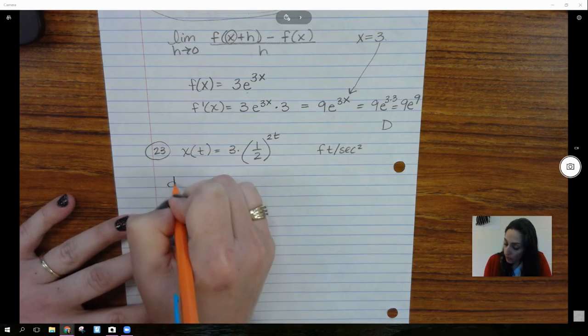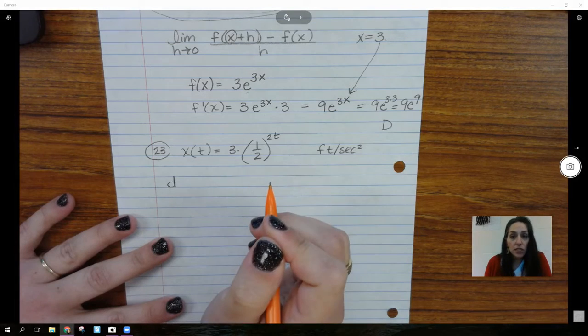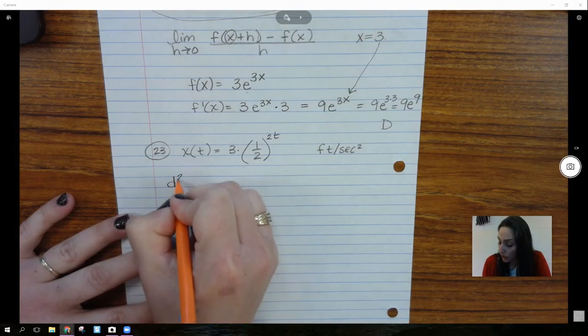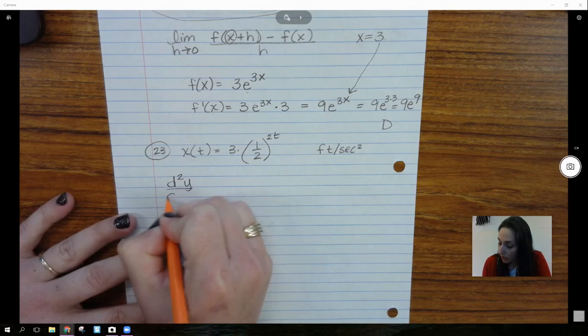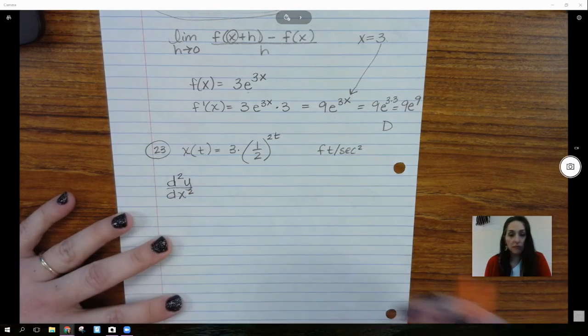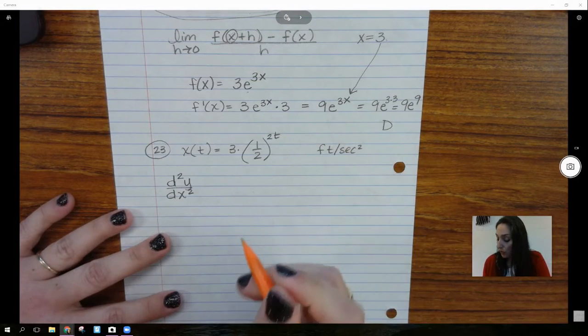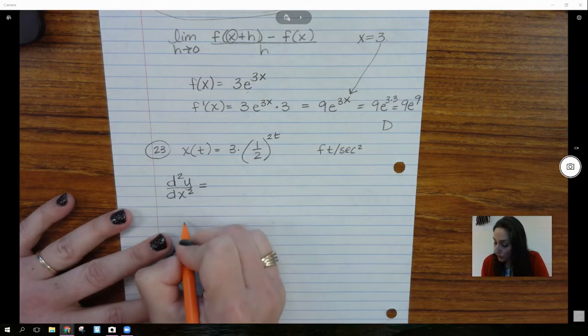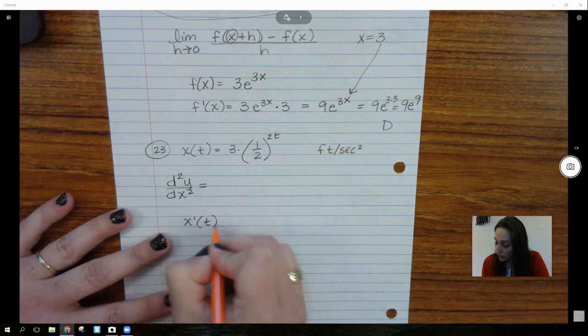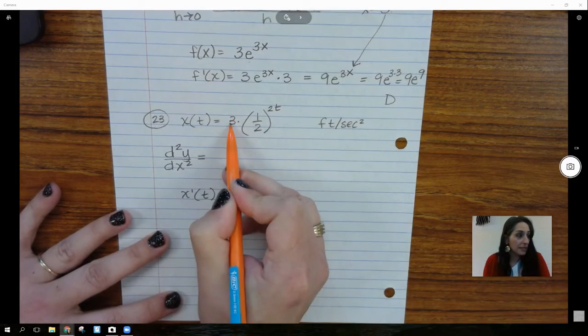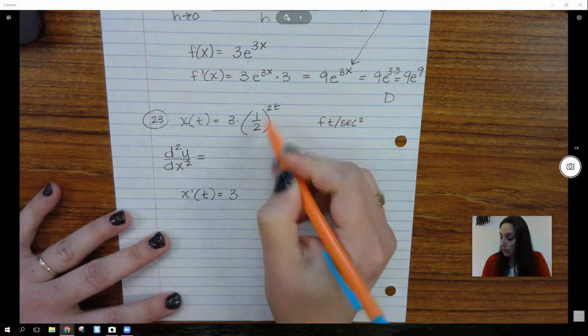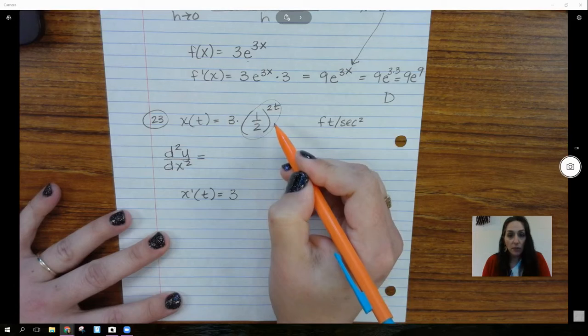So you are looking for acceleration, which is the second derivative. So you're looking for d2y over dx2. So that's the goal. So the first derivative is going to be this constant, 3, times the derivative of an exponential function.